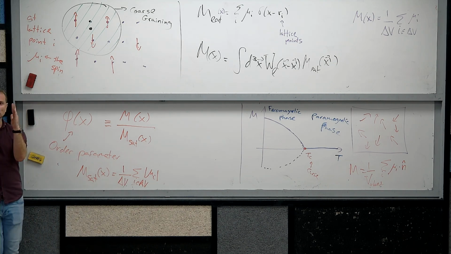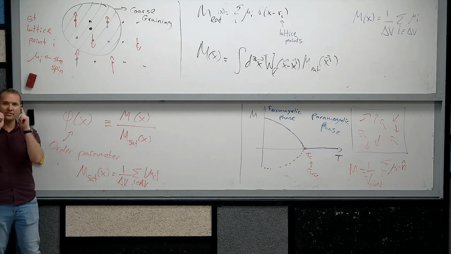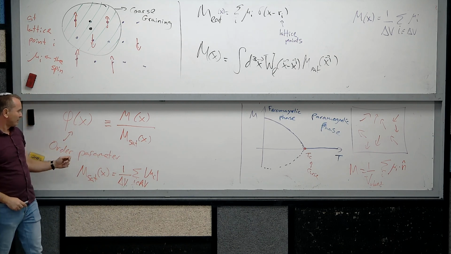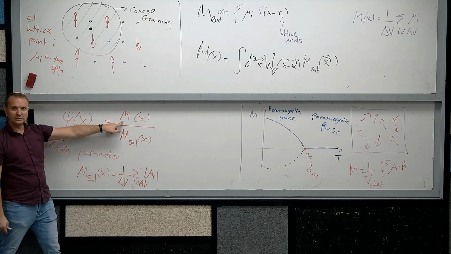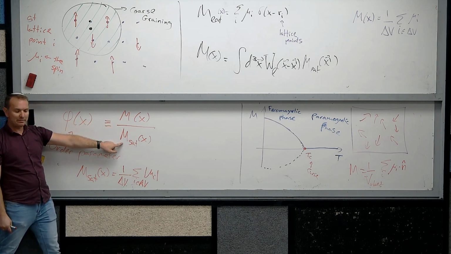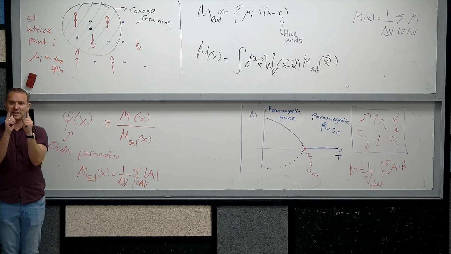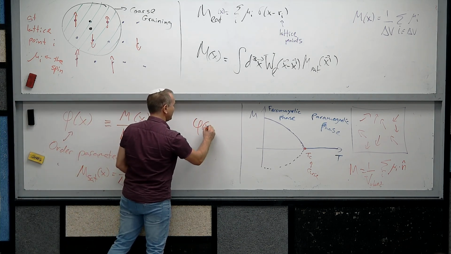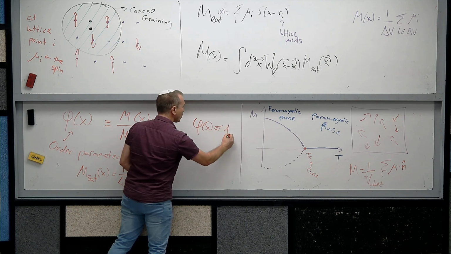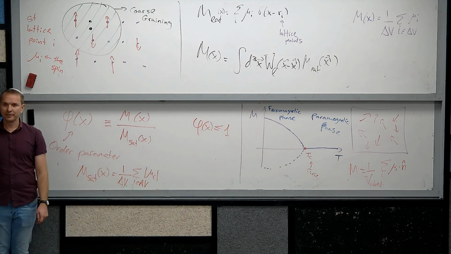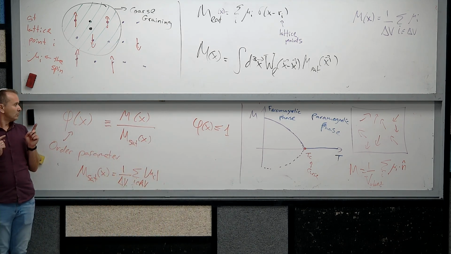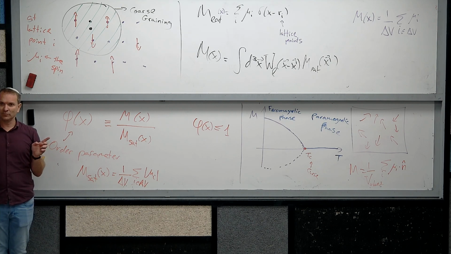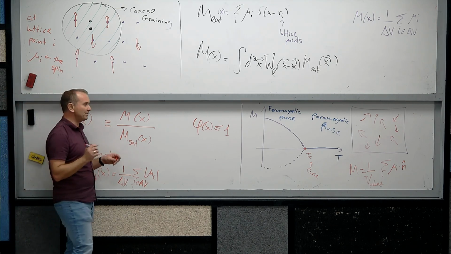I'm interested if they are aligned or they are not aligned. So if they are all sitting together and they perfectly align, M of x is going to be equal to mu M saturation, right? Because they're all in the same direction. So phi of x is smaller or equal to 1. If they are completely disaligned, what's going to happen?